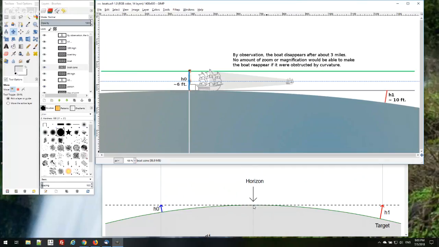And scale really doesn't matter here. The point is that their calculator is based upon the observer being back over here instead of at the horizon, which is the tangent point. So that's why I have up here, this is tangent, here's my tangent line.